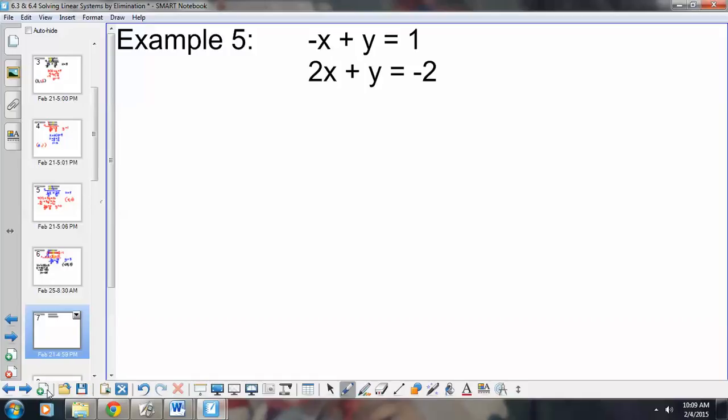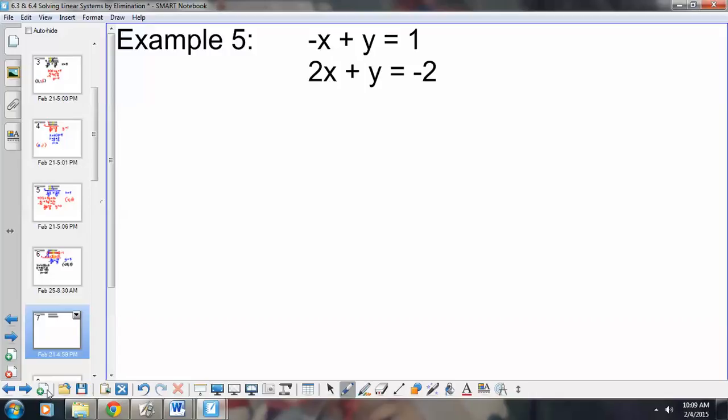Can I use elimination on example 5? Not currently, but there's something we could do to make it possible. Which one? The bottom one. Okay, so hang on, before you do that, if you multiply the second equation by negative 1, what variable will be eliminated? The y. What if we wanted to eliminate x?